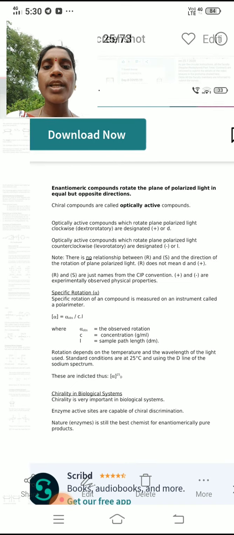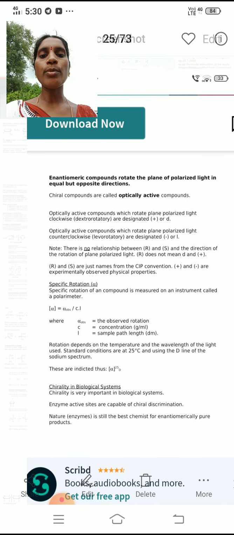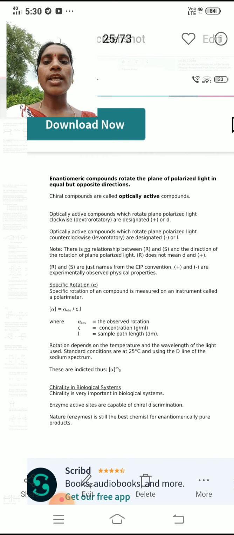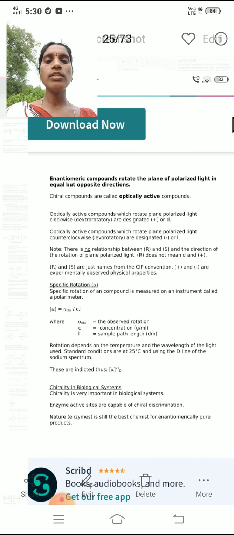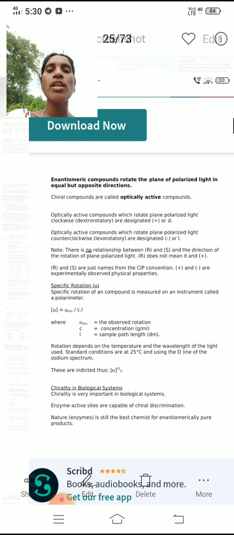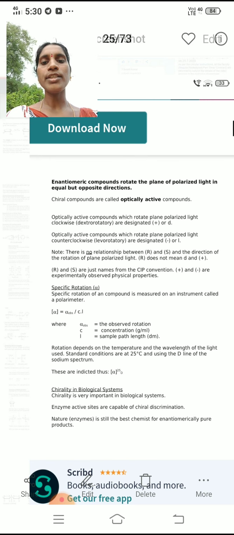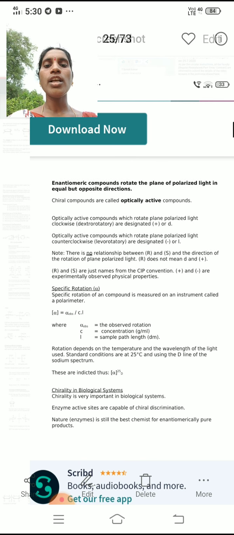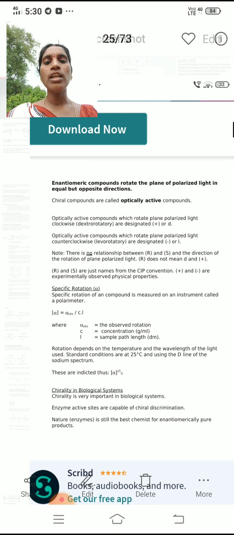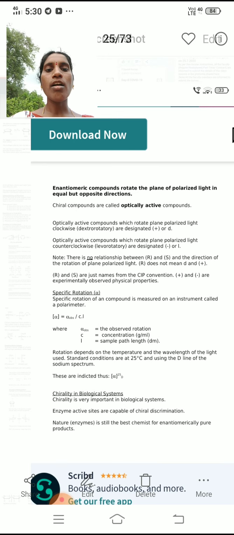The enantiomeric compounds rotate the plane of polarized light in equal but opposite directions. Chiral compounds are called optically active compounds. The optically active compounds which rotate the plane of polarized light clockwise are called dextro-rotatory compounds and are designated with small d, or indicated as plus.